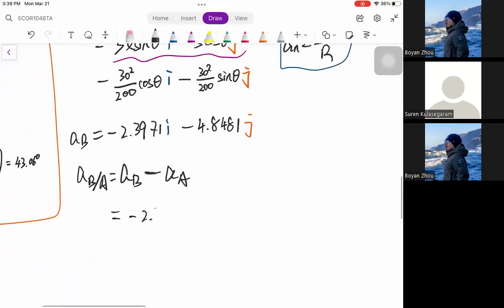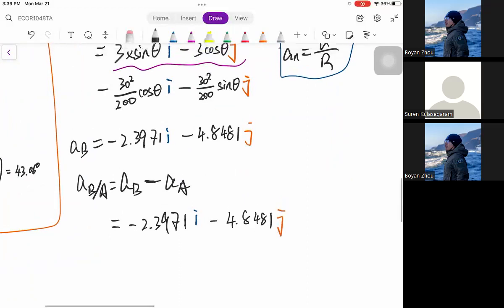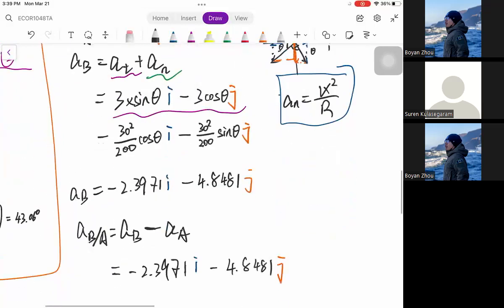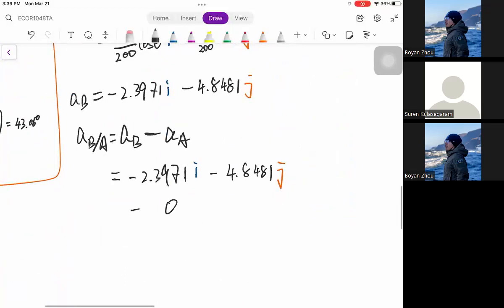So I'm just going to copy everything from above, I direction minus J direction, and the A is 0 and 4. So it's minus 0 I and minus 4 J. So I minus 8.8481 J.